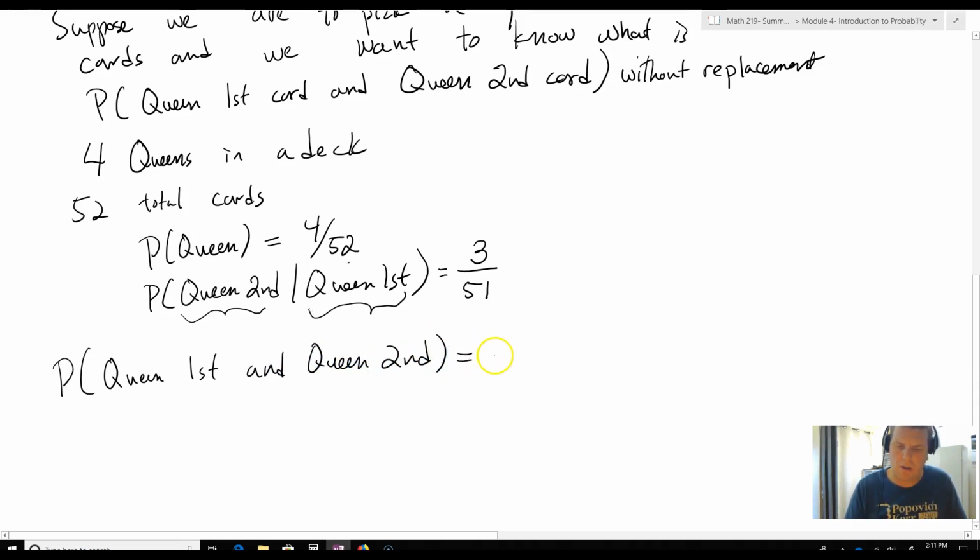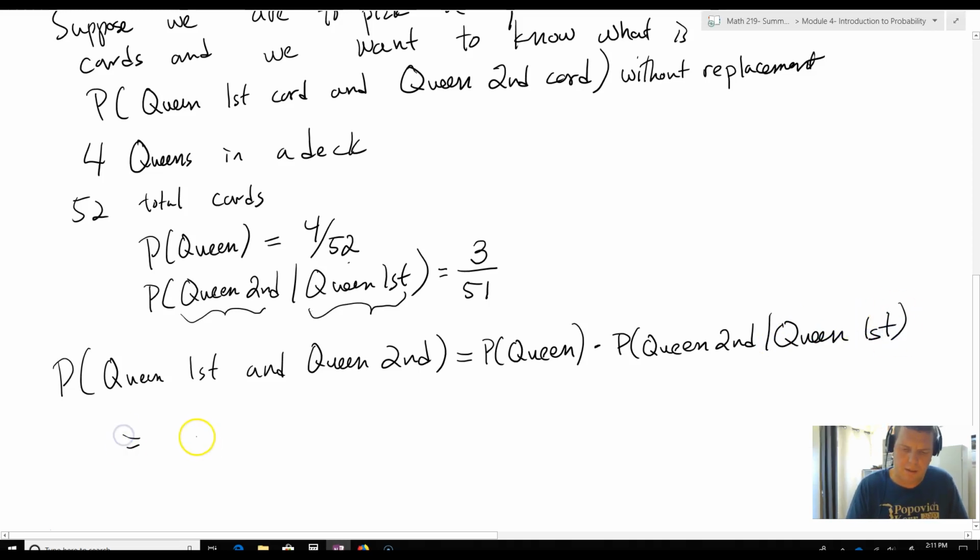is going to equal the probability of a queen times the probability of a queen second given the queen first, which ends up equaling 4 out of 52 times 3 out of 51, okay, which we can actually simplify.